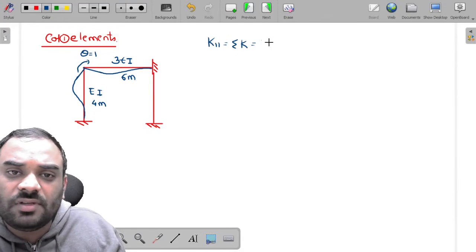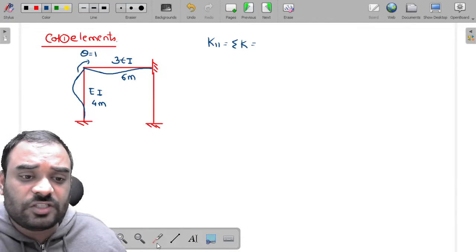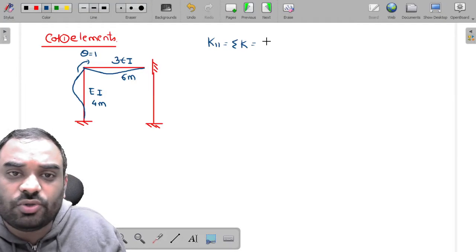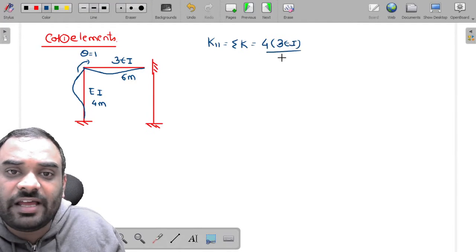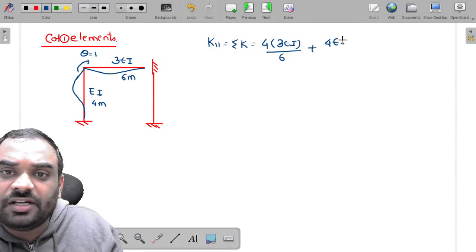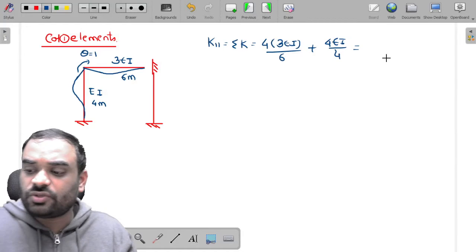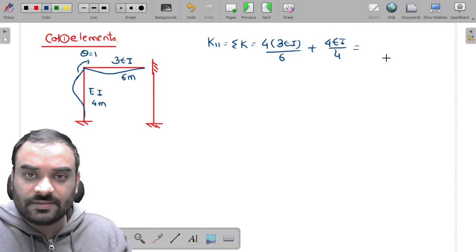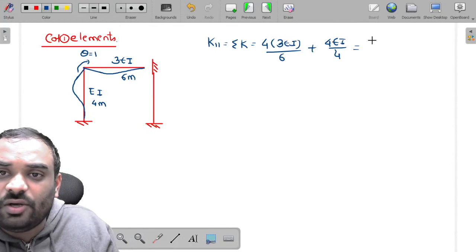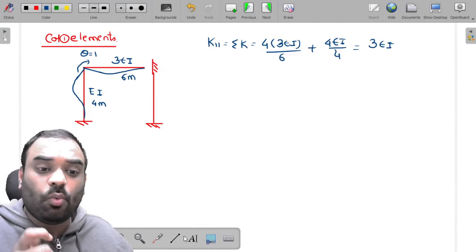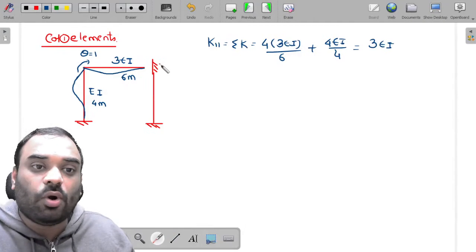So can I write it, for this particular member 4EI by L, this member 4EI by L. So let's put all the values over here. 4 into 3EI divided by L, L is equal to 6 meter, plus 4 into EI divided by 4. Just solve it, guys, and tell me the answer. 4 into 3 divided by 6 plus 1. We are getting a value of 3EI over here. This is K11.